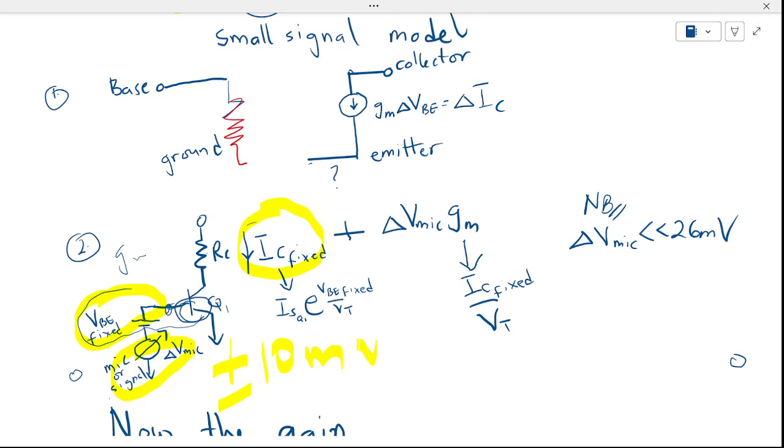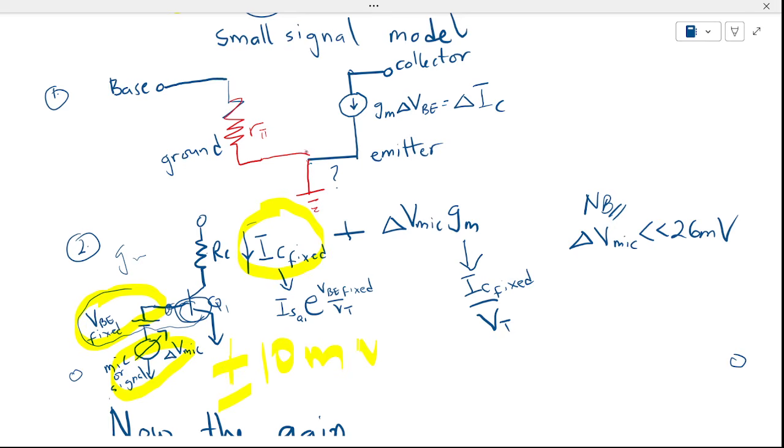If you recall, for diodes too, there is that small changes resistance that can represent a diode. So we call this R pi, which is very important. And in this case, because the emitter is grounded, we can just join them this way.